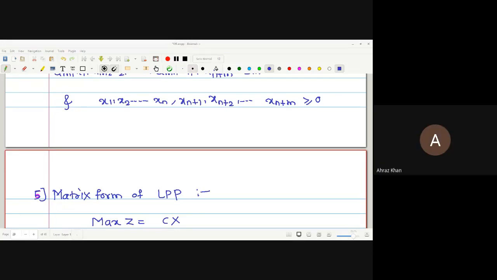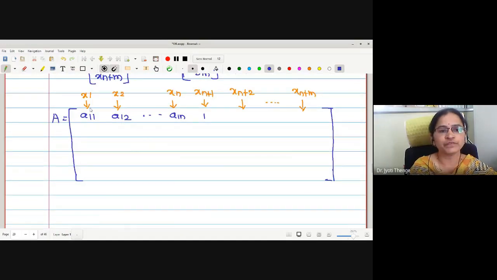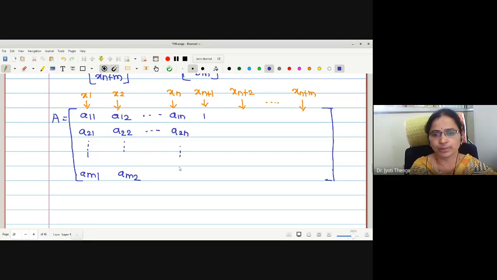Let me write the coefficient of x1 first: A11, A21, dot up to Am1. Fine. Coefficients of x2: A12, A22 up to Am2. Coefficients of xn: A1n, A2n up to Amn.